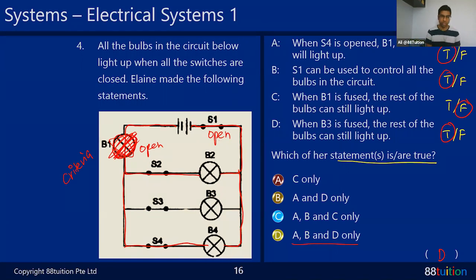If a road is closed, can you take another road to go? Can. But if B1 road is closed, you cannot go back to the battery at all. You understand? So imagine you are driving in a car, like a maze. You go here, already blocked, it's spoiled, cannot go anywhere. But if B3 is spoiled, it's okay. You still can go through B1, go through B2, go through B4. Okay, great. Okay, next one.